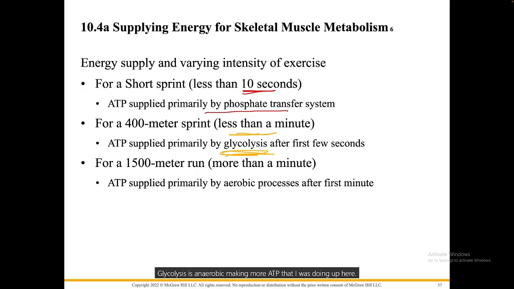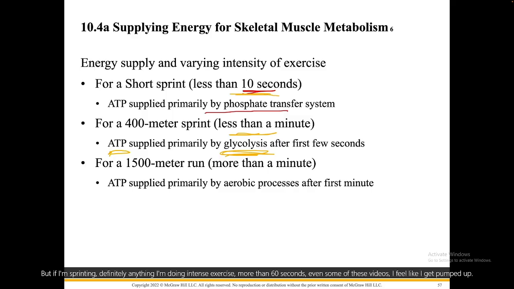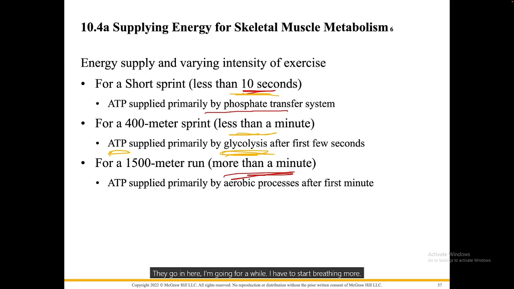Glycolysis is anaerobic, making more ATP than up here. But if I'm doing intense exercise for more than 60 seconds, I have to start breathing more. It's an aerobic process, and that's what's providing my energy past the first 60 seconds.